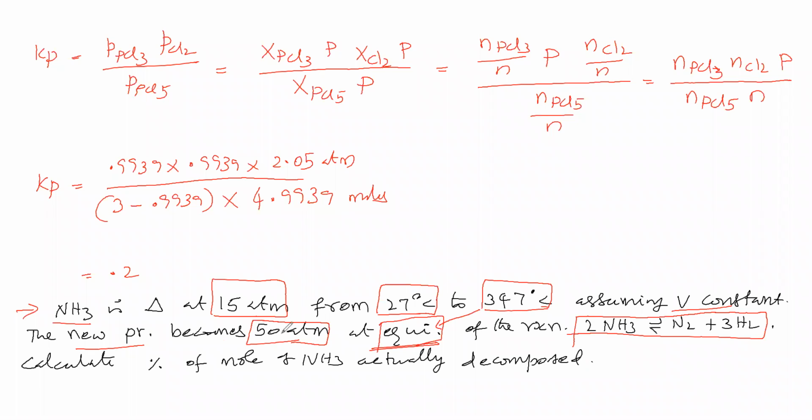Otherwise, the pressure of ammonia at equilibrium, they have not mentioned. The new pressure becomes 50 atmosphere at equilibrium of the reaction. That means the equilibrium mixture pressure is 50 atmosphere.